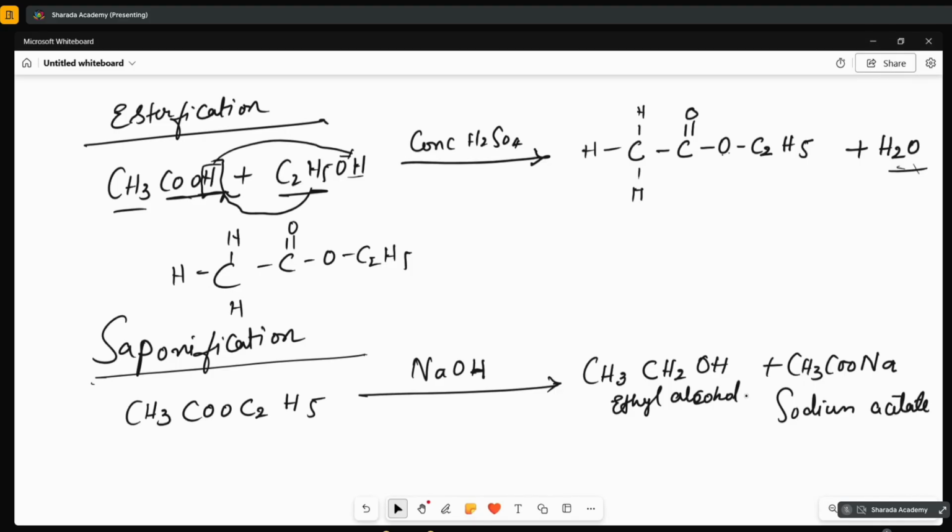This one we call a saponification reaction.